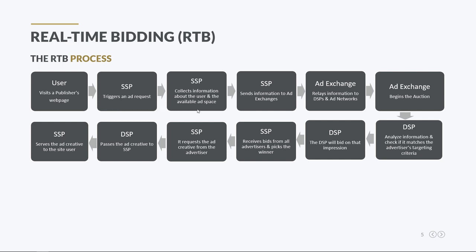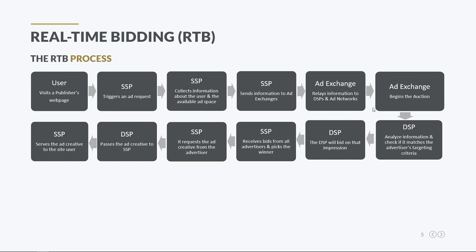Next, the supply-side platform collects information about the user such as location, web history, and demographics. The SSP also collects information about the ad space, such as ad format, dimension, and ad space position within the page. All those pieces of information are then passed on to the ad exchange, which relays the information to anyone seeking to buy ad spaces through real-time auctions such as DSPs and ad networks.